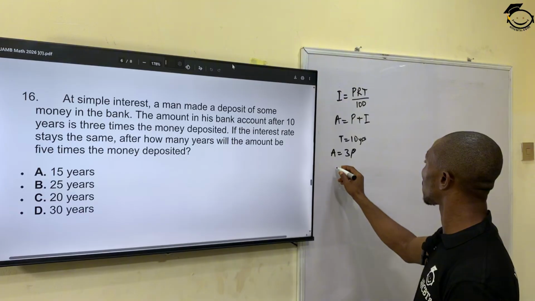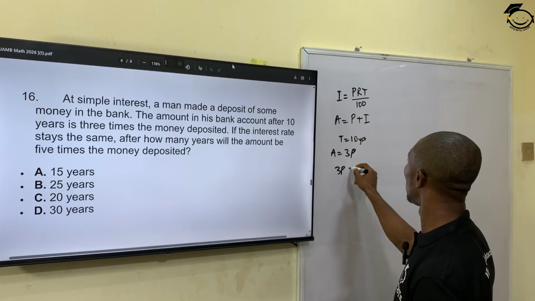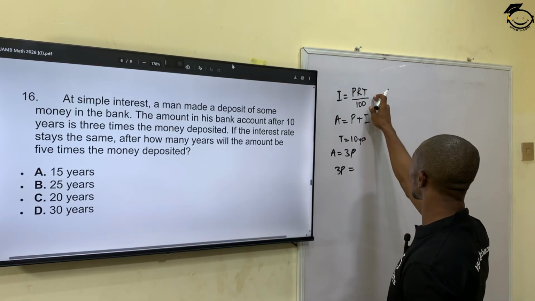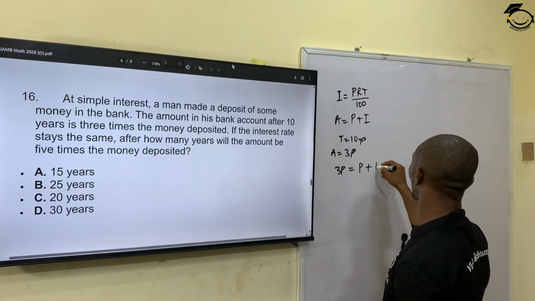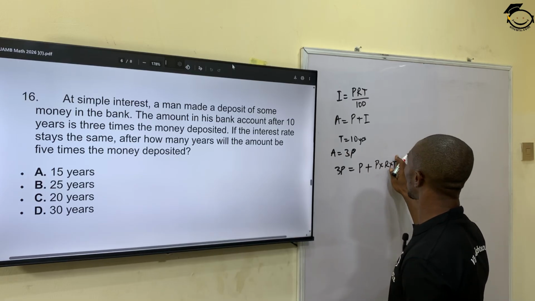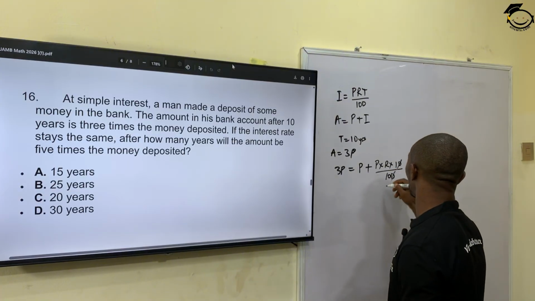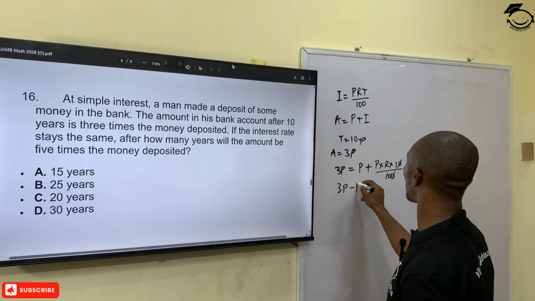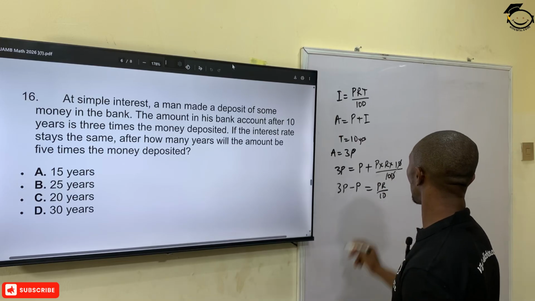Okay, so since we know that amount will be 3p, we can say 3p equals principal, which is p, plus interest, which is principal times rate times time. Now, our time here is 10 years, all over 100. So this will give us 3p minus p equals PR over 10.